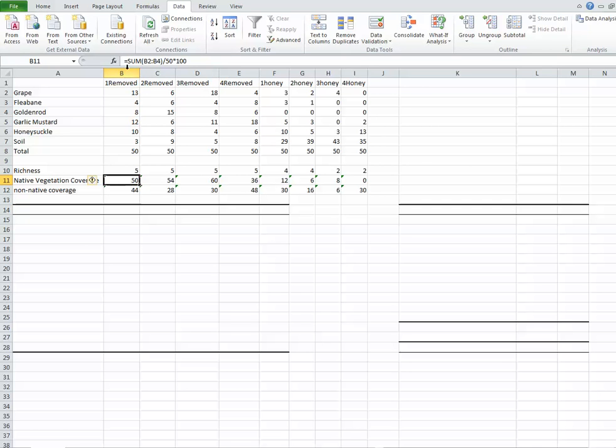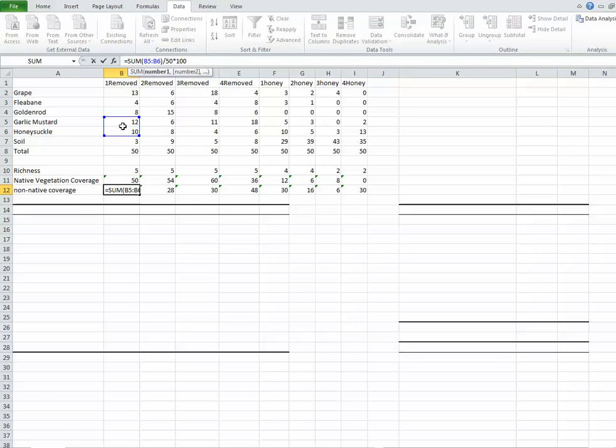So once you have a formula in one box, this is the nice thing about Excel, you can just hit Control-C, and then in all these other cells you want the same formula put into, you hit Control-V, and the formula is put into all those cells too. I did the same thing with non-native vegetation coverage.